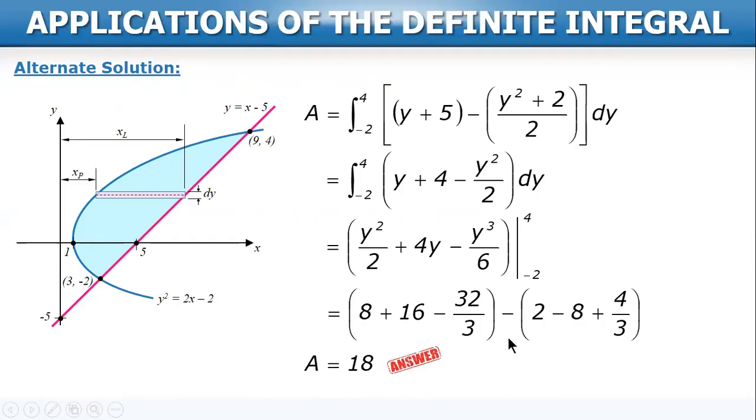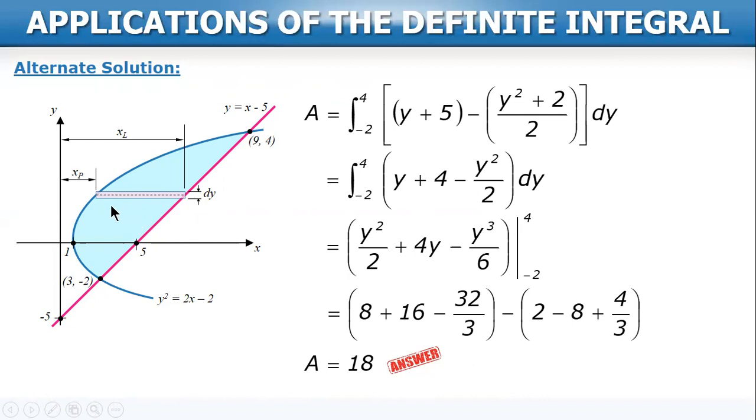So from the two problems, we're able to differentiate the two solutions using vertical rectangles and horizontal rectangles. Because there are problems na mas easier to analyze using horizontal rectangle rather than vertical rectangle.